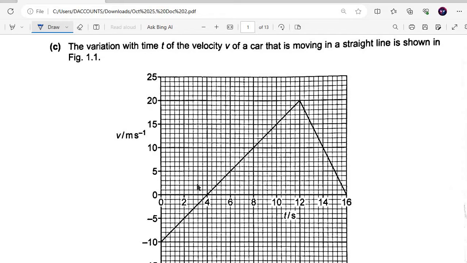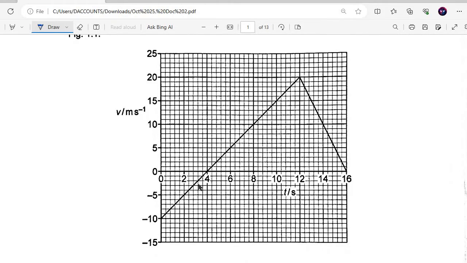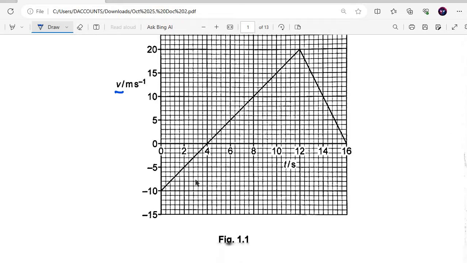The next question. The variation with time t of the velocity of a car that is moving in a straight line is shown. You can see the graph. It's a graph of velocity against time. The graph of velocity against time in most cases is describing acceleration.